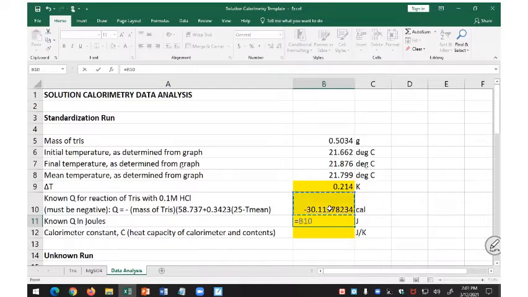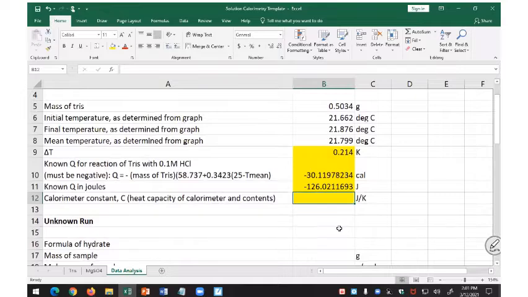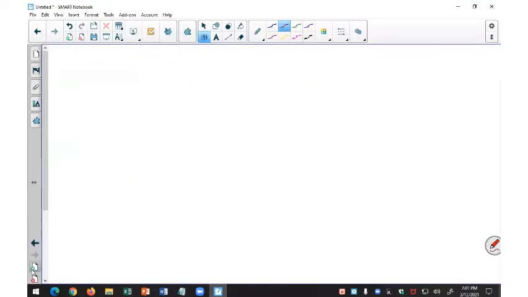Q in joules equals calories times 4.184 joules per calorie. That's your conversion factor. All right. What's your calorimeter constant? That's the heat capacity of the calorimeter and its contents. Well, again, the basic equation for calorimetry, Q is equal to minus C delta T, right?